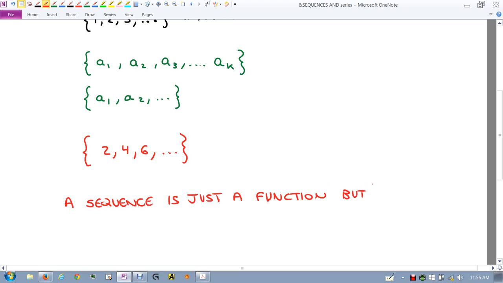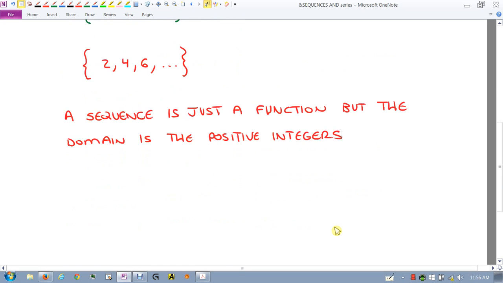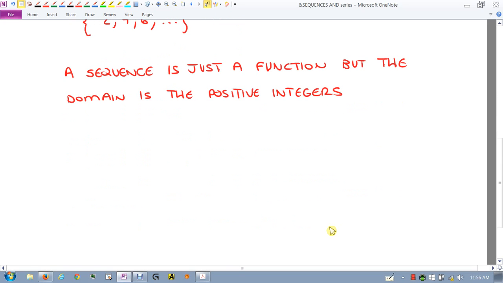But the domain is the positive integers. So what do I mean by this? Let me take you back a little bit.